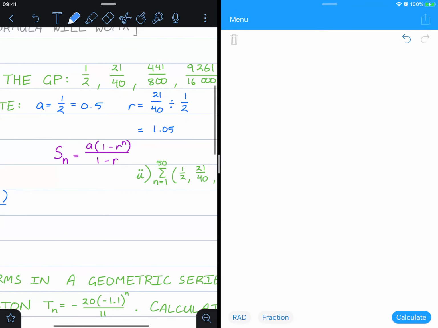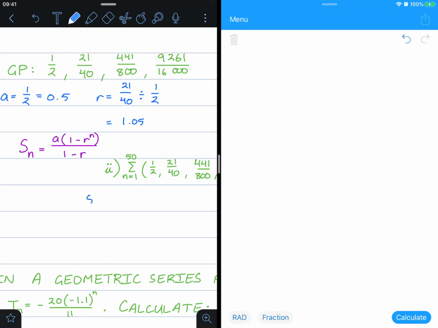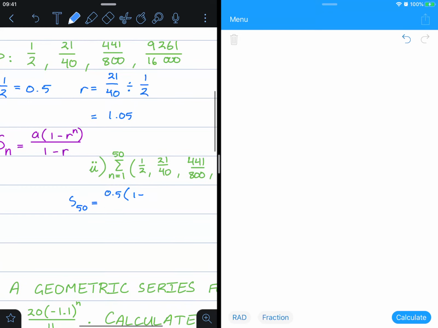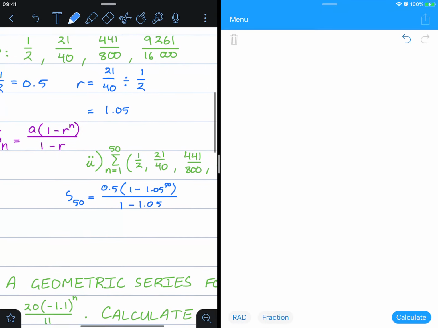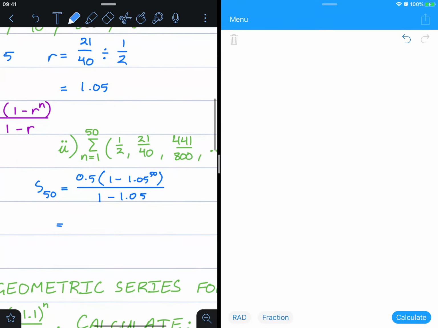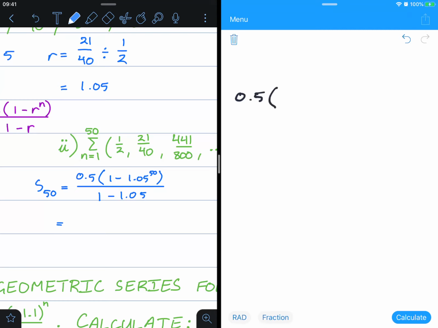So S of 50 is equal to a half times (1 minus r to the power of n, which is 1.05 to the power of 50), all over 1 minus 1.05. So it'd be 0.5 times (1 minus 1.05 to the power of 50) all over 1 minus 1.05.